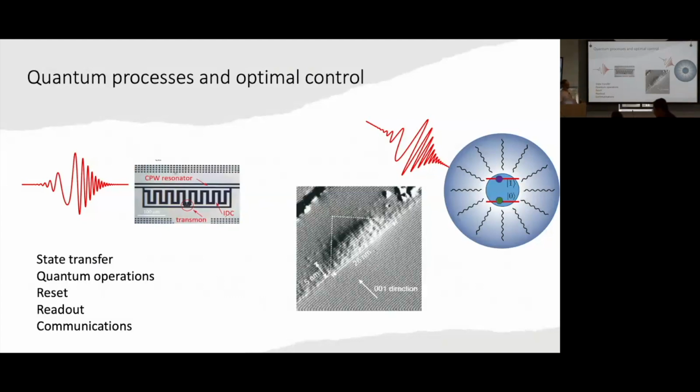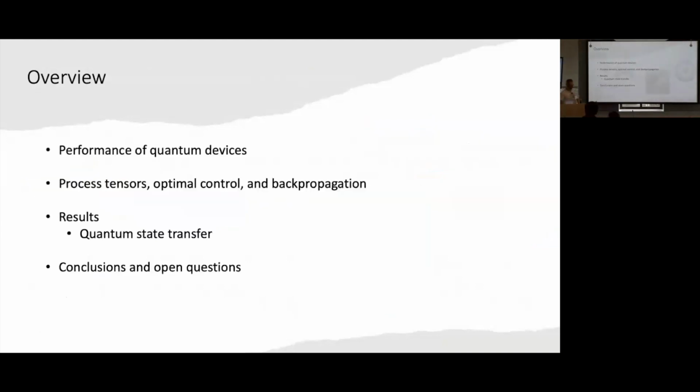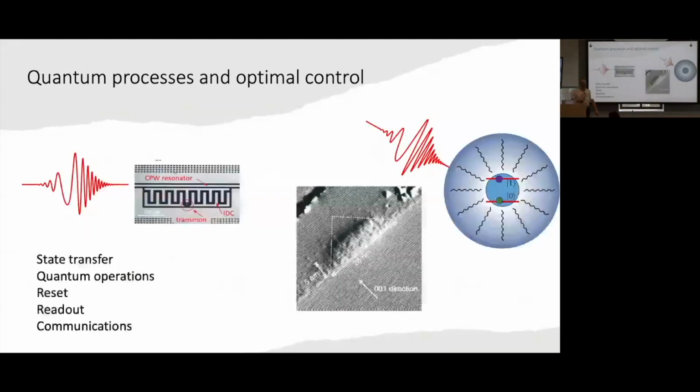It's only slightly more general because in that case, you don't necessarily know the state you want to start in. You'll start in some generic pure state. It's not much more difficult to do than this. And then there's other, perhaps more interesting things like doing qubit reset or qubit erasure, readout processes, and even transmitting information between different qubits, which is broadly speaking communications and sensing.